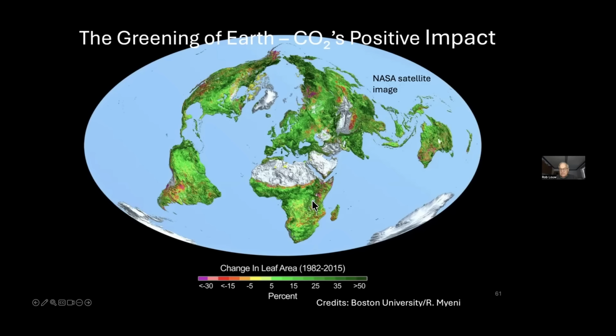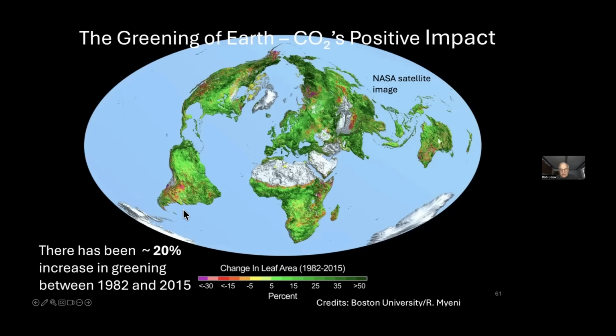Most of this is a green to a dark green color, which shows quite a big percentage increase in the greening of the Earth. It's been as much as 20% between 1982 and 2015. It's been quite remarkable. Now, it's partly because of carbon dioxide and partly because of fertilization that this has happened.